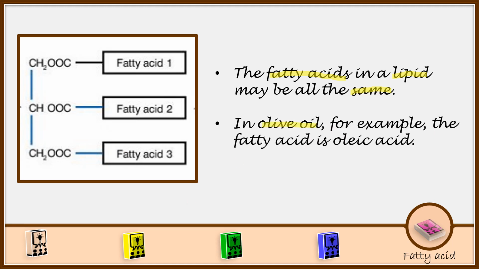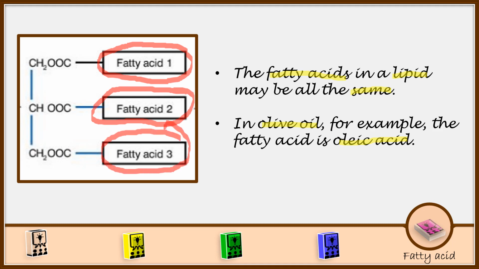In olive oil, for example, the fatty acid is oleic acid. So in olive oil, fatty acid 1 is oleic acid, fatty acid 2 is still oleic acid, and even fatty acid 3 is oleic acid. So three oleic acids are joined with one glycerol.